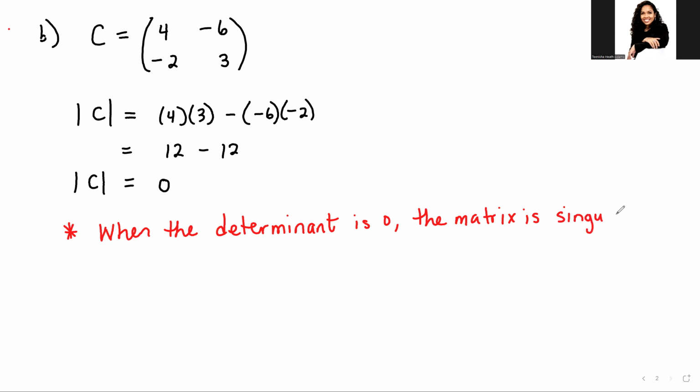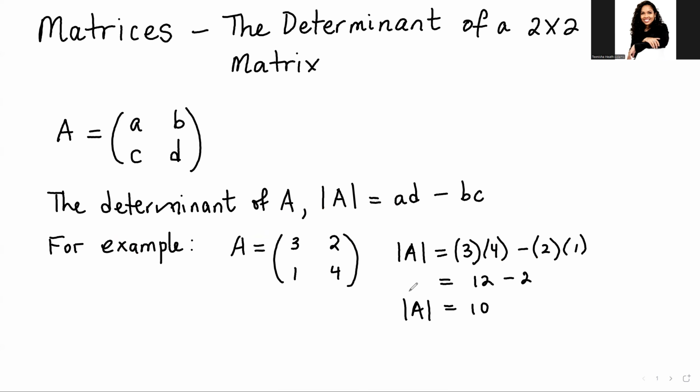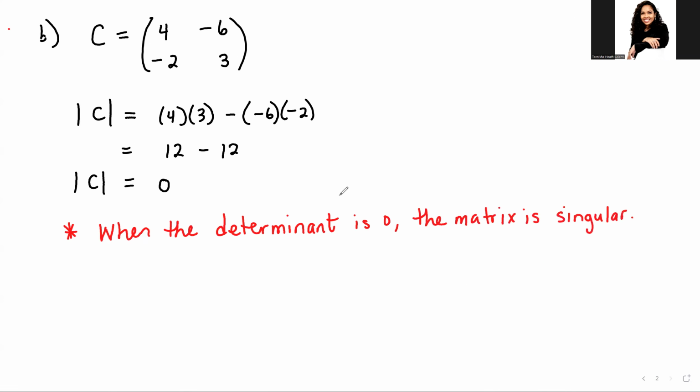Something to make a note of, guys. You need to know what a singular matrix is, right? In the first one, the determinant was 10, which is not 0, so it's a non-singular matrix. When it is 0, the matrix is singular.